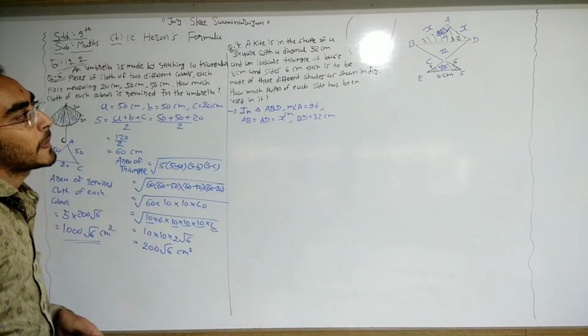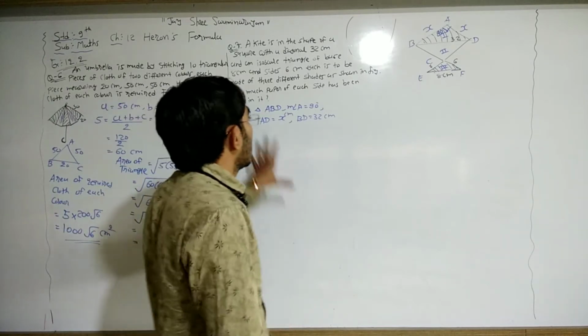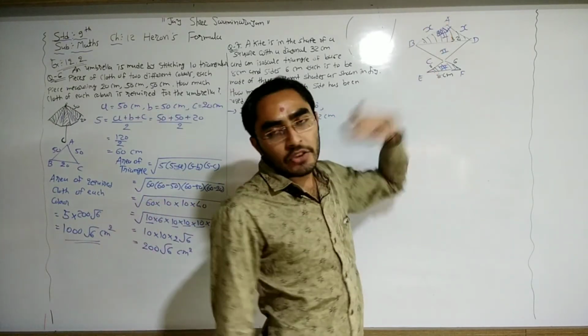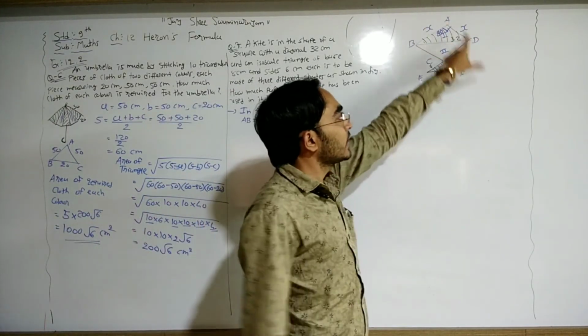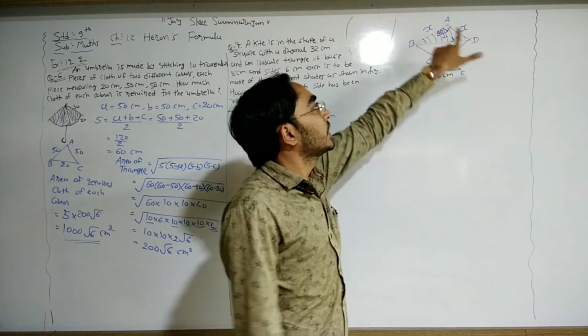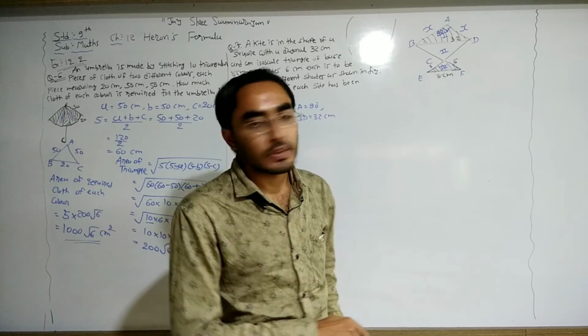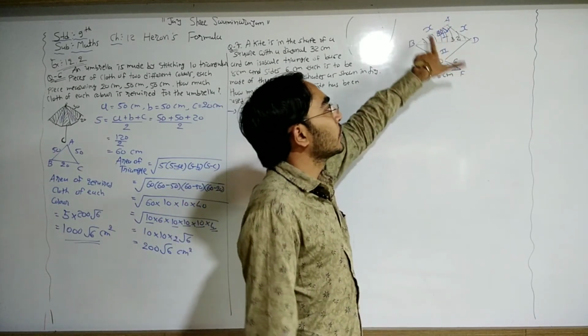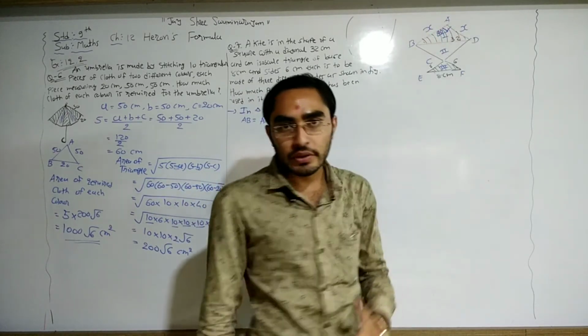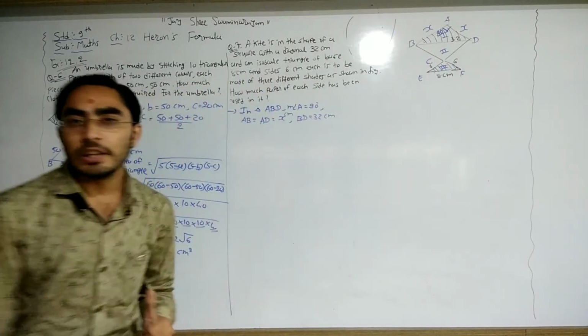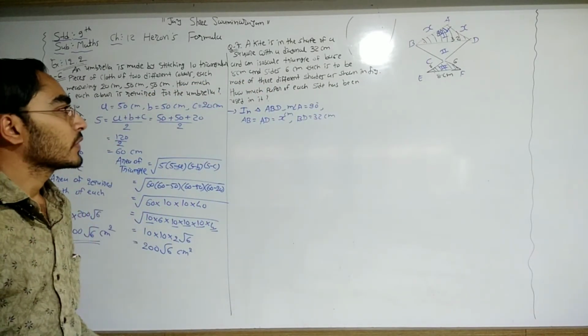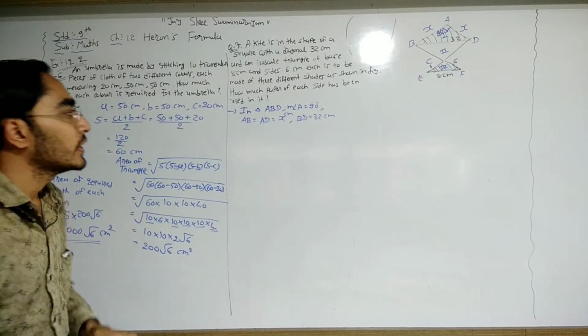Now in triangle ABD, angle A is 90 degree, that means this is a right angle triangle. So in this triangle ABD we can use the Pythagoras theorem, and by using the Pythagoras theorem we can find the value of x. That means we can find the side of the square.